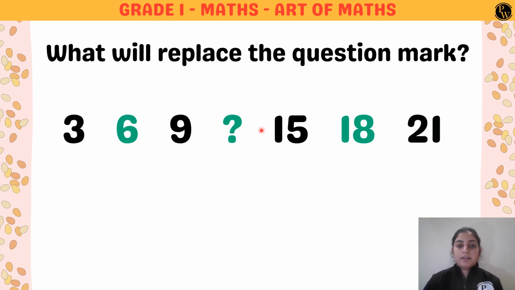Then we have a question mark. Then we have 15. On adding 3 to 15 it should be 18, and on adding 3 to 18 we get 21. That means the addition of 3 is done to every number. So on adding 3 to 9 we will get 12.